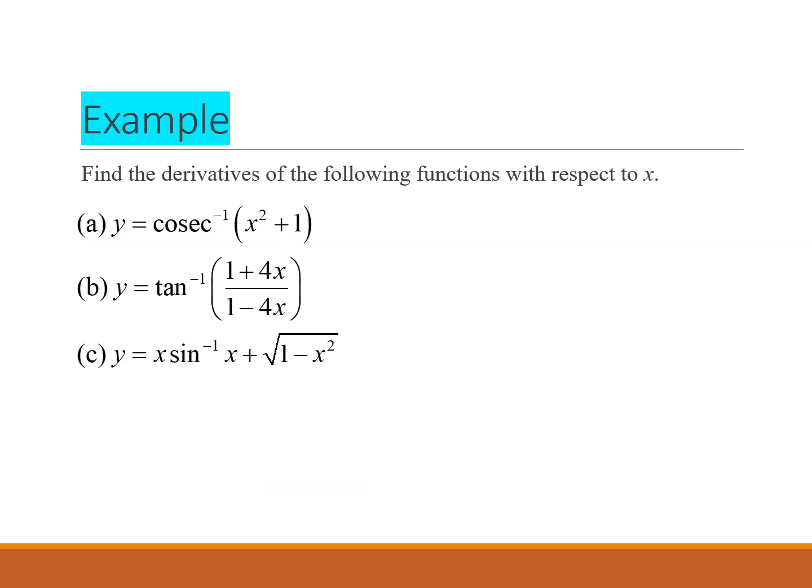So what's most important here in derivative of transcendental function is that you have to know how to find the derivative of the functions. You don't need to remember the formula because the formula will be given. So the important part is just how to find the derivative of the function.